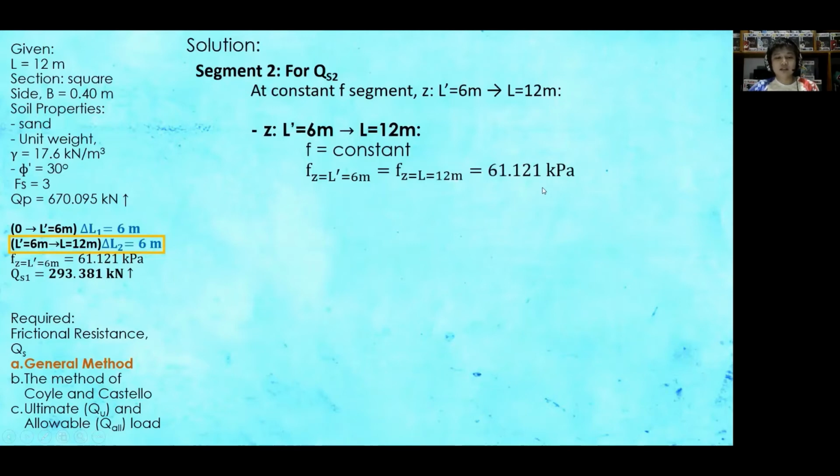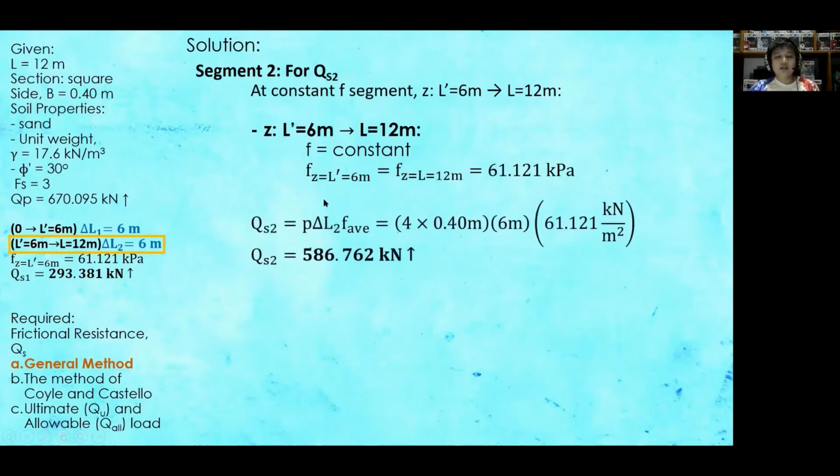thus F is equal to 61.121 kilopascals. Therefore, for our second component, the QS2 is equal to P, again 4 times one side, so 0.4 meter, times our delta L2 for the segment length, which is 6 meters, times the F value, that is 61.121 kilonewtons per square meter. So for our QS2, it is equal to 586.762 kilonewtons.